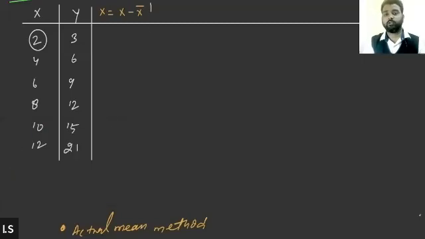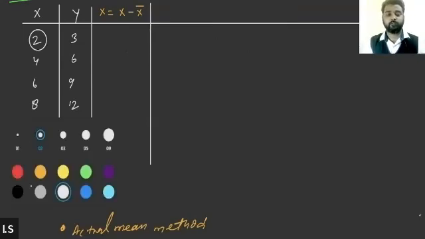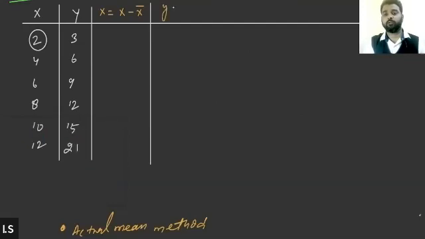Done. Then once we are able to find out deviation of x, we will find out deviation of y. For finding deviation of y, we will subtract the mean of the y series from the items in the y series.